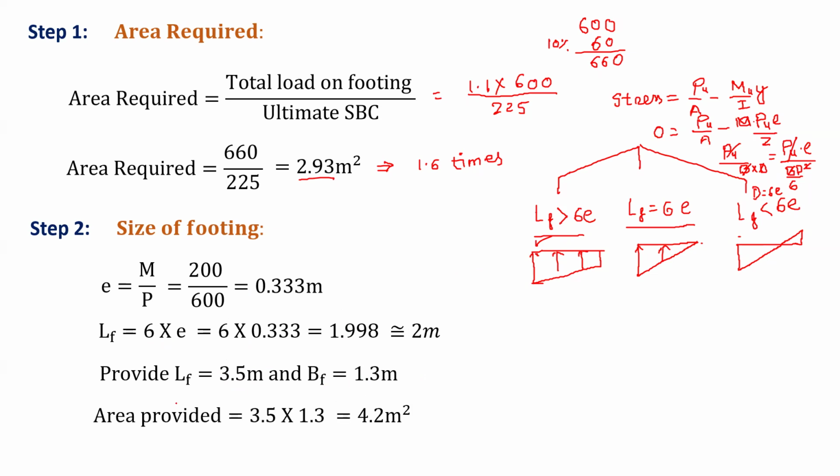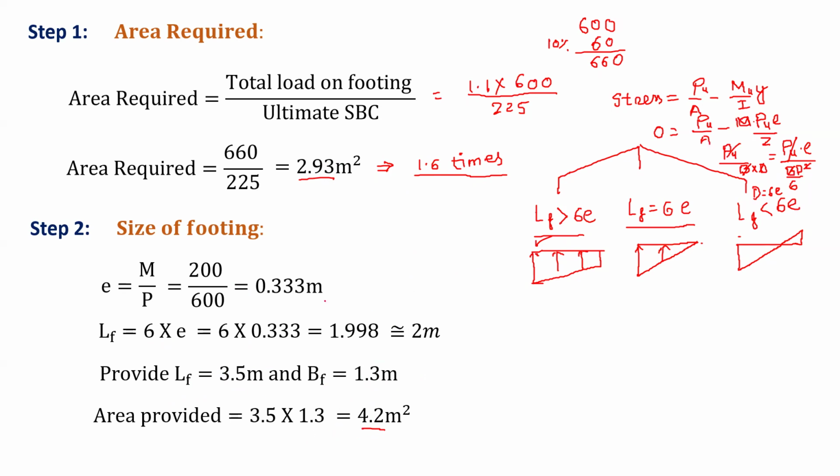So next, area provided is 4.2 meters square. You can see 3 into 1.6 comes to around 4.8. So I have provided 4.2. 1.6 is the maximum value we are considering. So it comes to 4.2 meters square. You can increase and go to the higher side. I kept it like this.